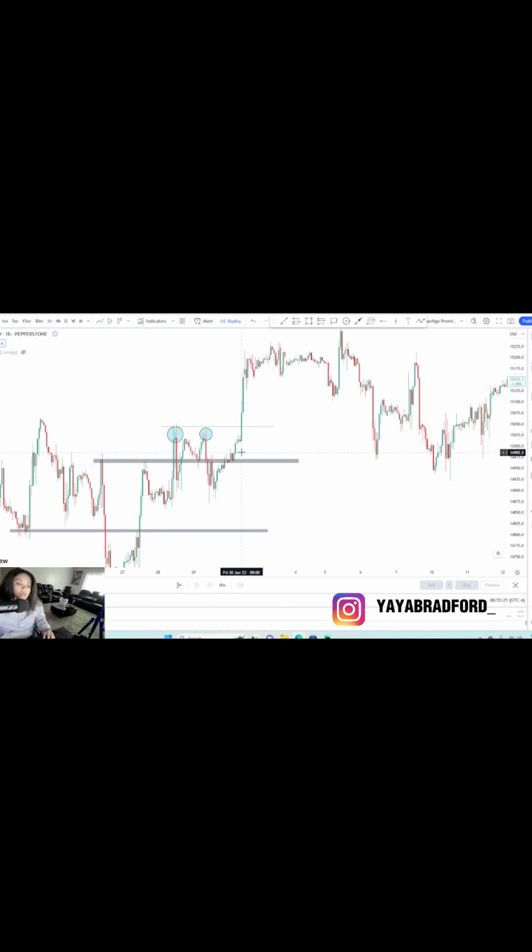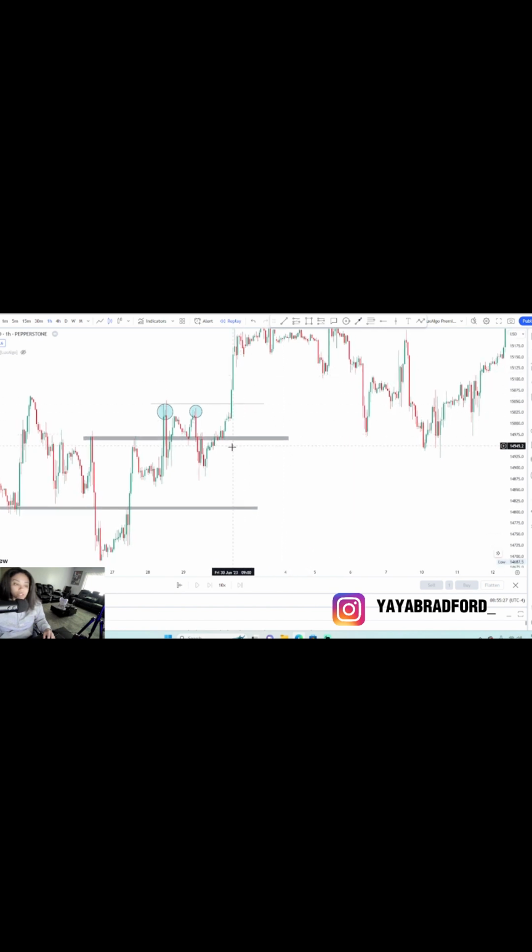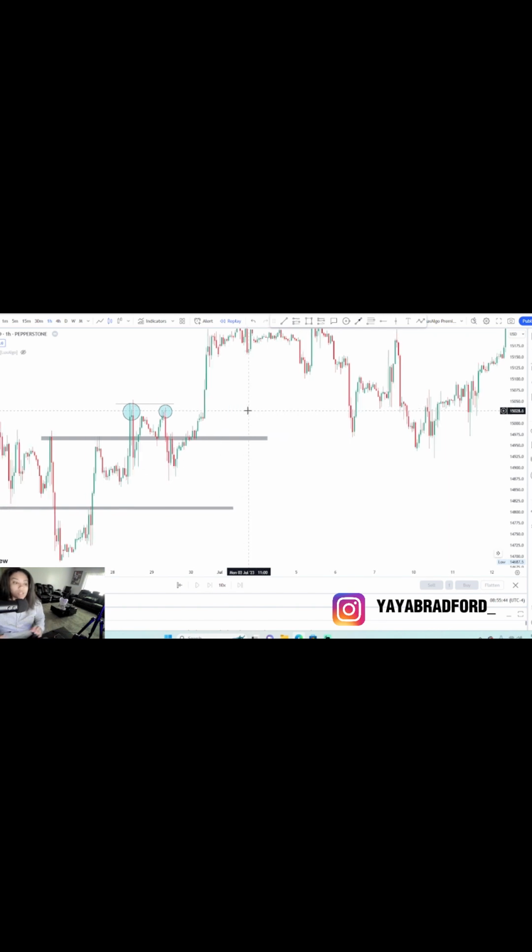So this is where price broke the structure with candlesticks that had a lot of momentum to them. And if you pay attention to the candlesticks, you can see that there is no candlestick on the left side of it or the right side of it. Okay, so in order to spot these imbalances or gaps, all you have to do is this simple thing. You know how you got this cross right here.